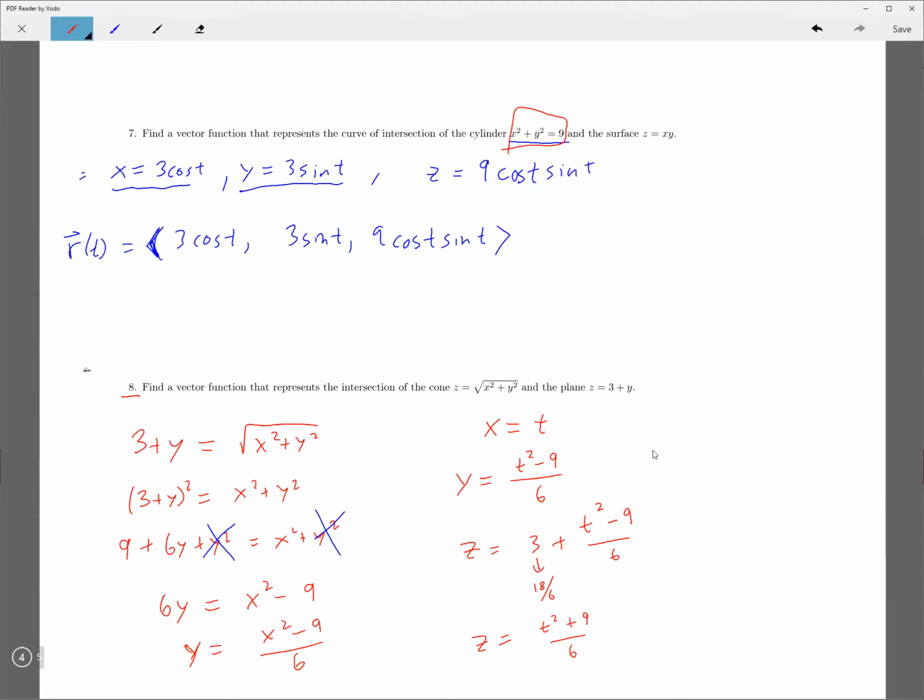So that looks kind of weird. So then the vector valued function is, the x is just going to be t, and the y is t squared minus 9 over 6, and the z is t squared plus 9 over 6.